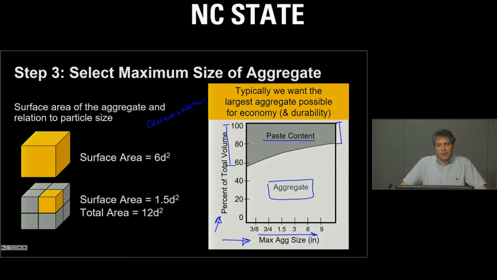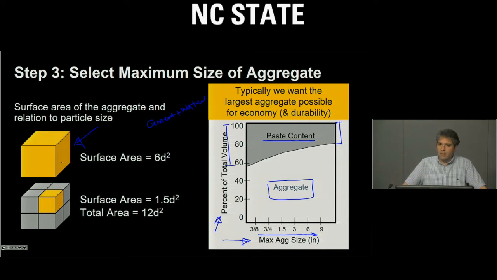Another reason is that the cement paste has to coat the entire aggregates. The smaller the aggregate that we use, the larger the surface area that we have, therefore we need to use a little bit more paste content. For example, over here it's schematically shown that we have a cube of dimensions D. All the dimensions are D, therefore the surface area is 6D squared.